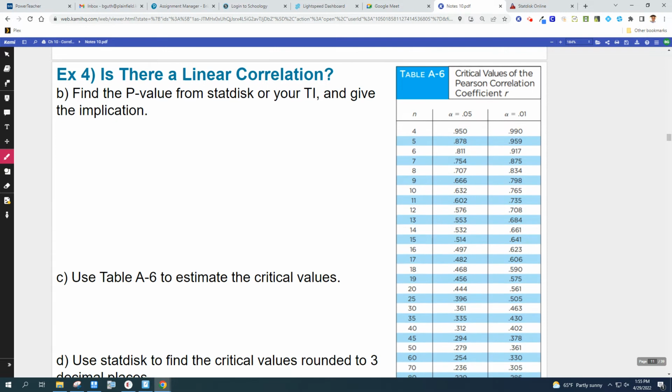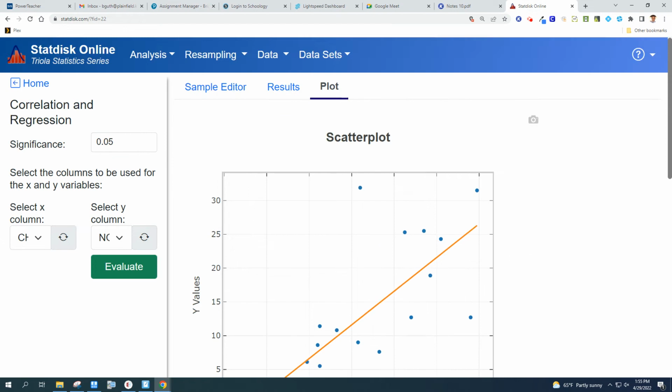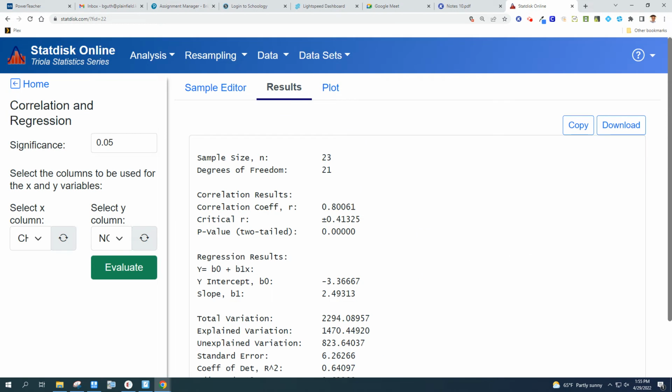All right. So 4B. Find the p-value from StatDisk or your TI and give the implication. So when we were at StatDisk, specifically the results, you can see right there in the middle of the screen, the p-value is 0.0000.